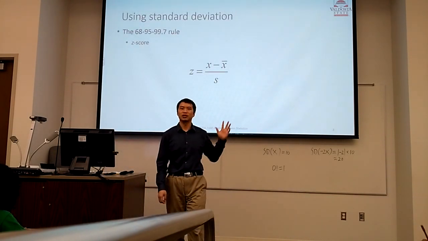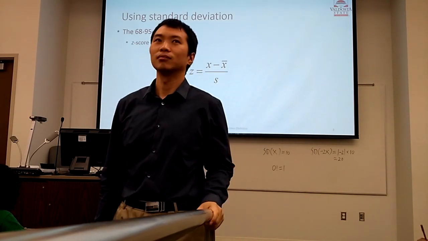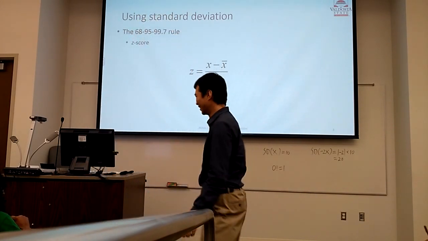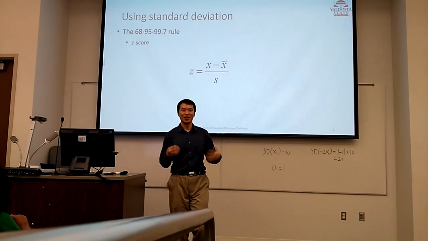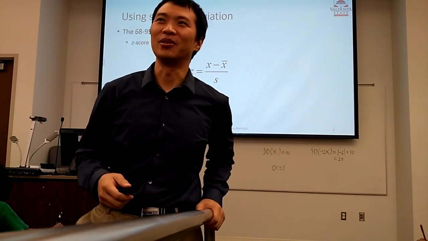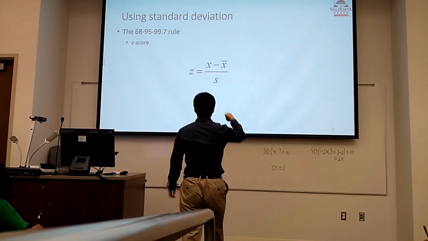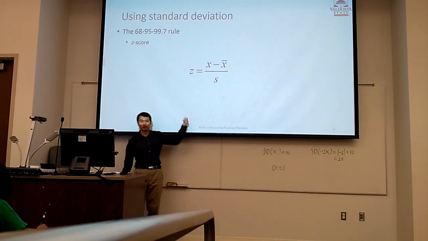So you guys still remember the Z-score, right? No? Well, I highly doubt how you did the questions in the first exam. This is the formula we use to calculate the Z-score.